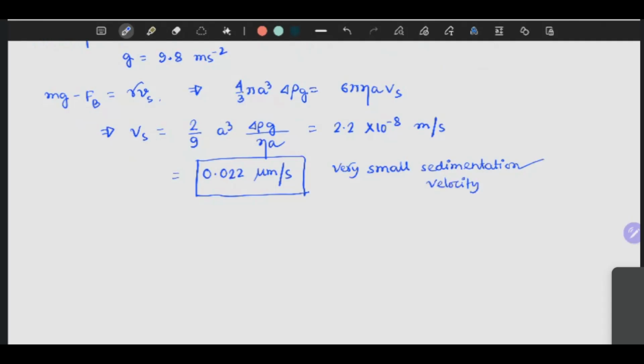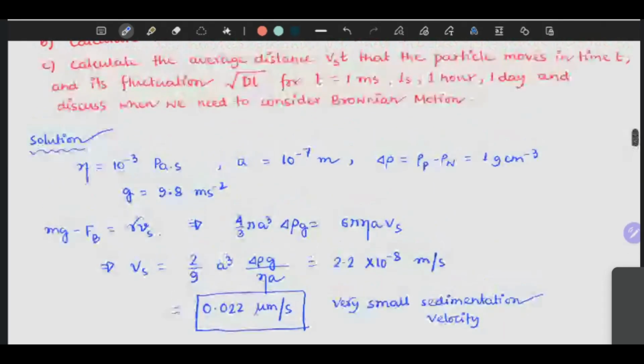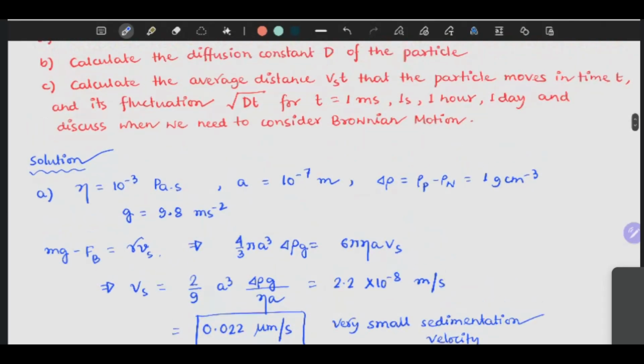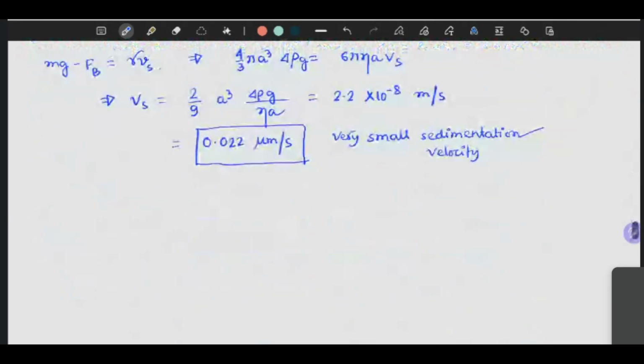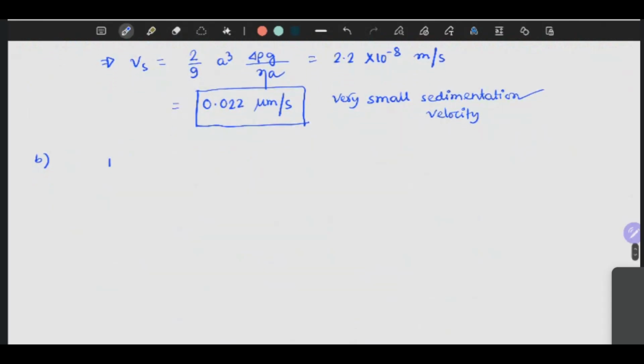Okay, now we have to consider the diffusion coefficient. The formula for the diffusion coefficient D is kBT by 6 pi eta a.